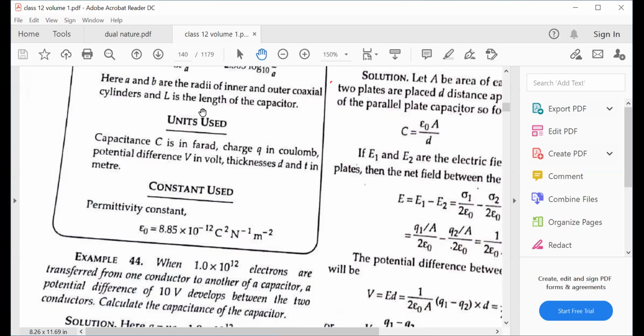Anyone got the answer? 1.6 into 10 to the power minus 8.